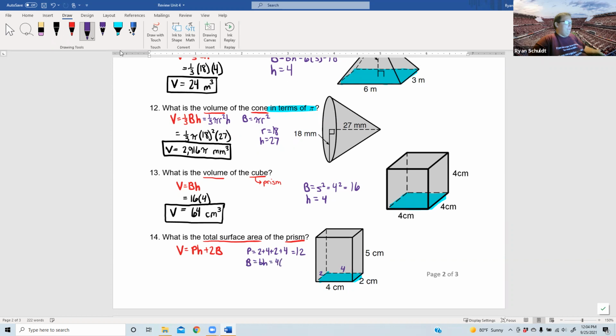So 4 times 2 gives me 8. And then I need the height of the prism, which is the only number we haven't used yet, or 5. I have everything I need, so let's plug it in. P is 12. H is 5, plus 2 times 8.